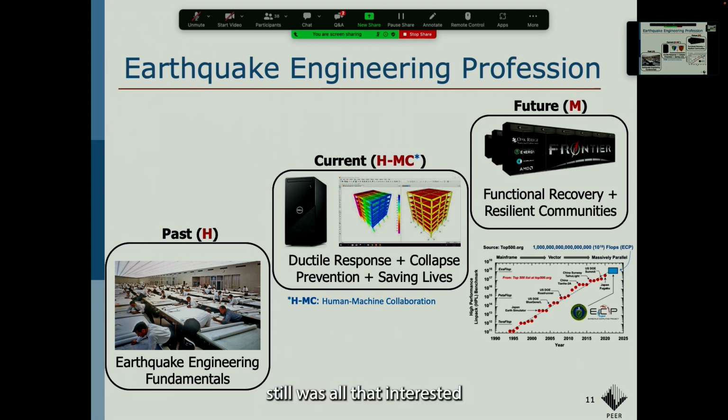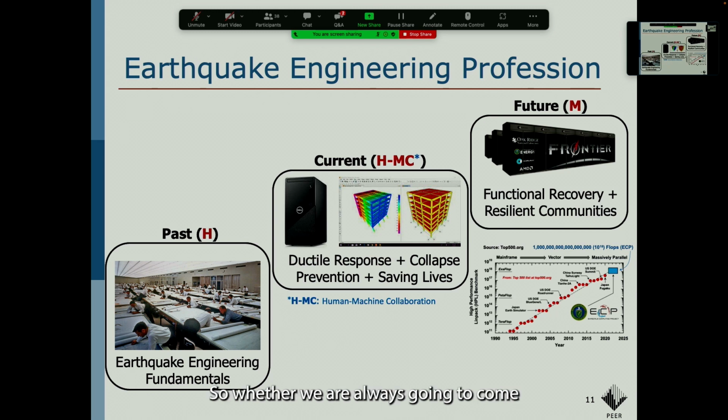which still, with all that interest in regional scale modeling and trying to come up with performance criteria that is based on functional recovery and resilient communities, and with all that incredible computing power with these supercomputers, we don't want to be left out, and by we I mean the engineering community.